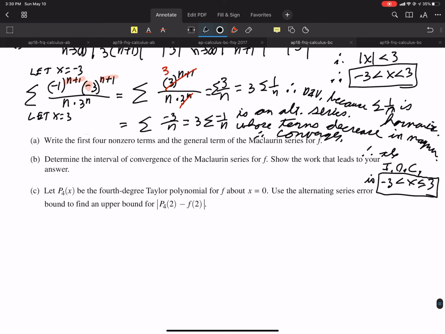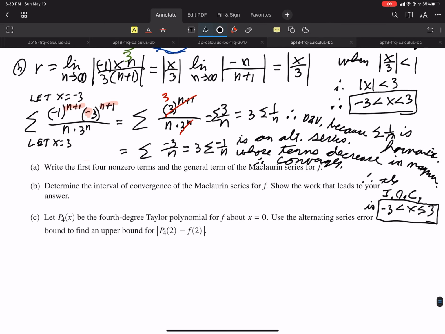So they want the error bound, the alternating series error bound. So again, we're going to state, since the series, okay, do I have the original series? I think I do.